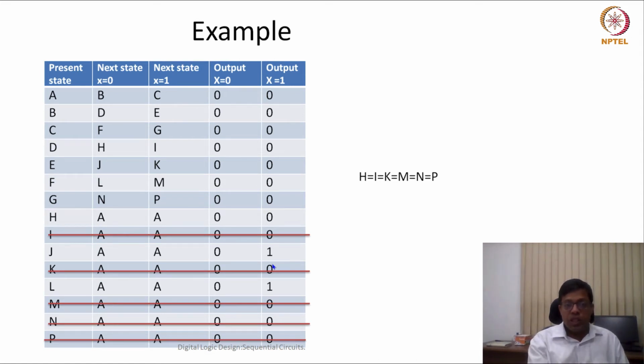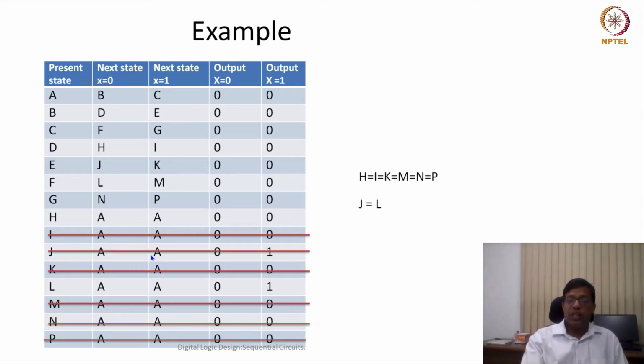Now similarly we see that J and L, these two are also looking the same because their next state is the same and their outputs are also the same. So I can remove one. I can either choose J or L. I incidentally choose L, not J. We can do the other way also.